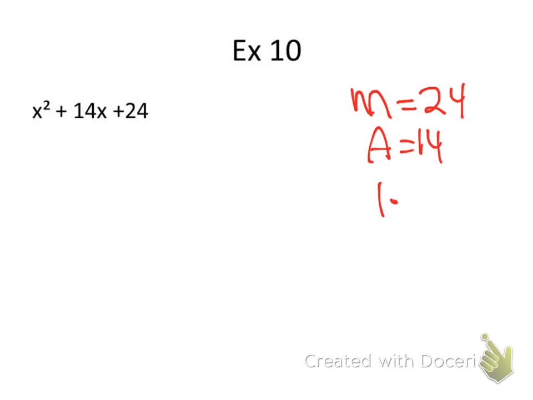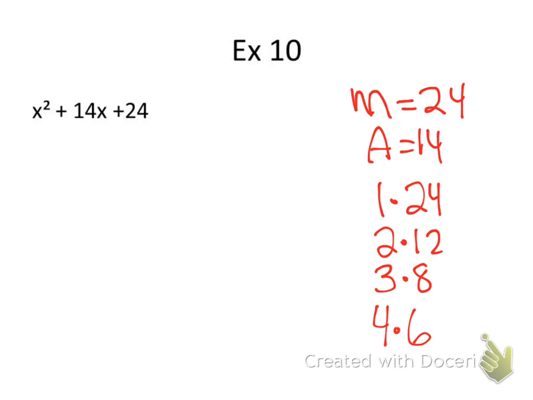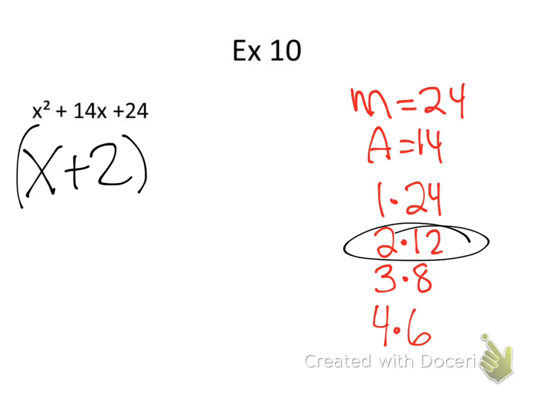All right, so I'll work on the list since it's always a long one. I guess there's not that many now that I wrote them out, but this feels like a lot. Okay, do any of those combinations add to 14? 2 and 12. So my answer is going to be x plus 2, x plus 12.